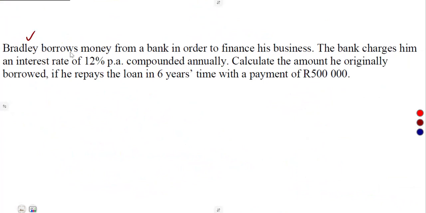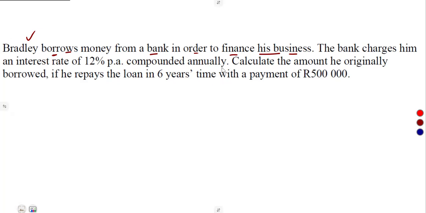Bradley borrows money from a bank, to borrow the money. That is a loan that you are given, which is the principal. So he borrows the money from a bank in order to finance his business. The bank charges, so you're not told how much he borrowed, actually.